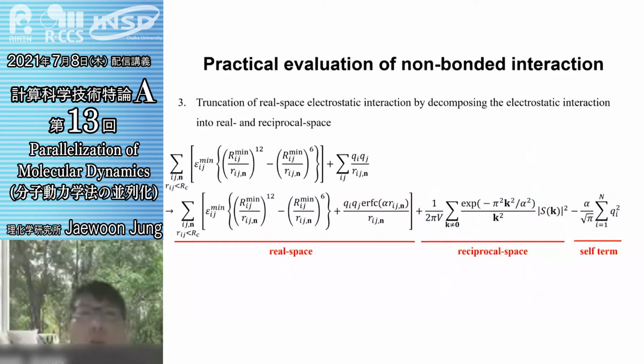We decompose the electrostatic interaction into real space and reciprocal space interactions. For the real space interaction, like van der Waals, the interaction range in pairwise distance can be limited, and we can introduce the same kind of threshold value as for van der Waals. In the case of the reciprocal space interaction, we can introduce cutoff values in reciprocal space. So somehow we can greatly reduce the total computational cost this way.